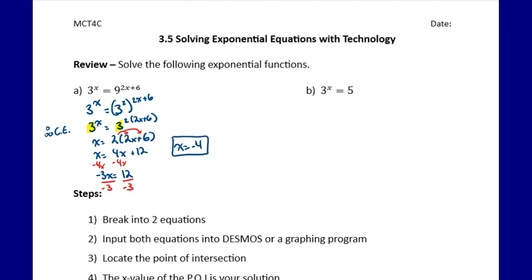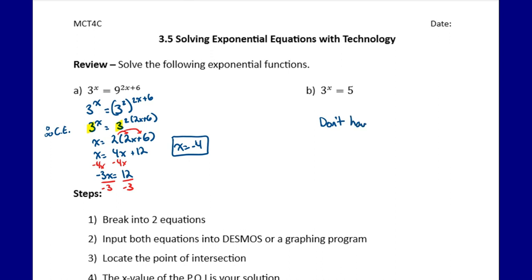If we look at B or try to do the same thing in B, we realize that we can't quite do that. We don't have common bases. And we can't really get common bases, because we can't represent 5 as a power with base 3, and we can't represent 3 as a power of base 5.